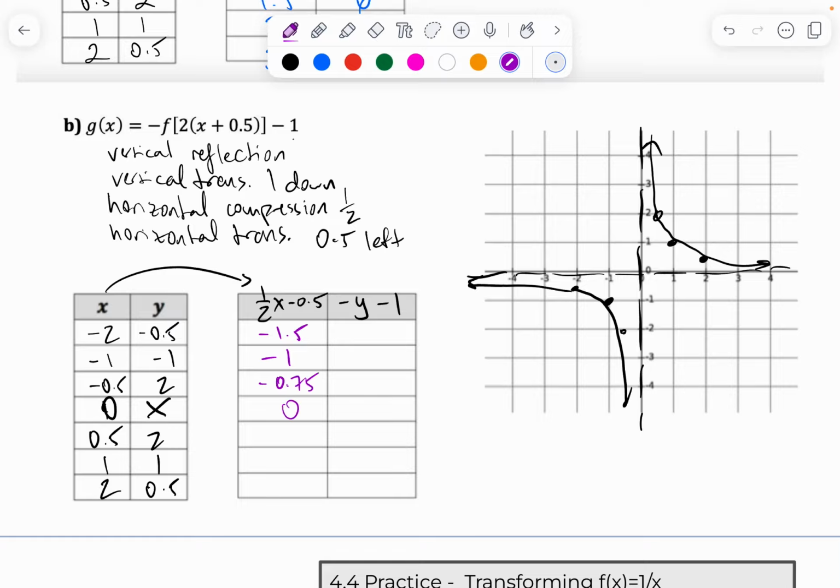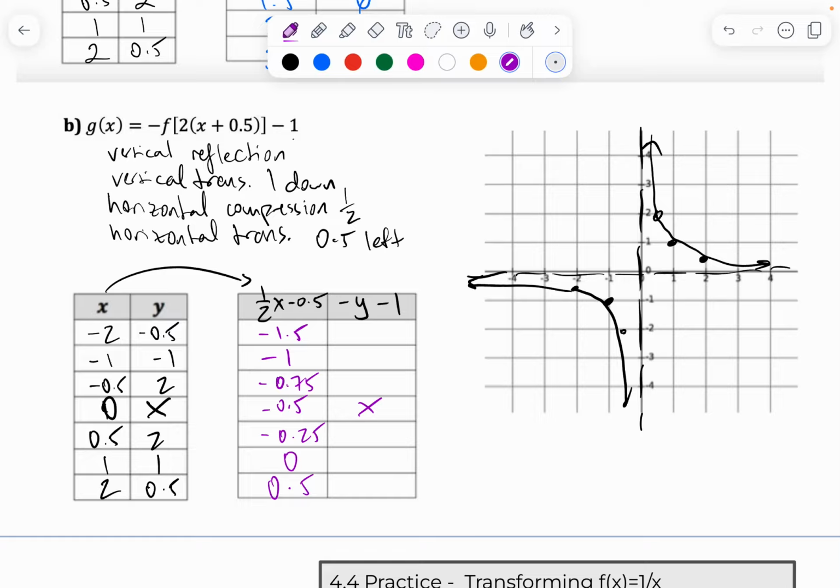Zero is my... half of 0 is 0. Negative 0.5 is my asymptote. Okay. And then a half of 0.5 is a quarter. Minus a half is negative a quarter. A half of 1 is a half. Minus a half is 0. A half of 2 is 1. Minus a half is 0.5.